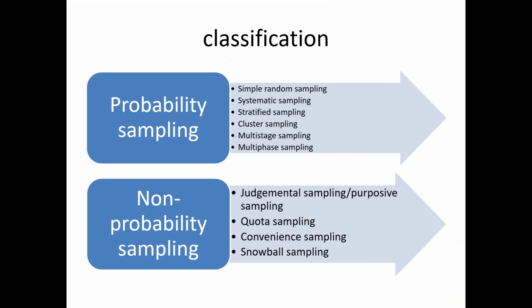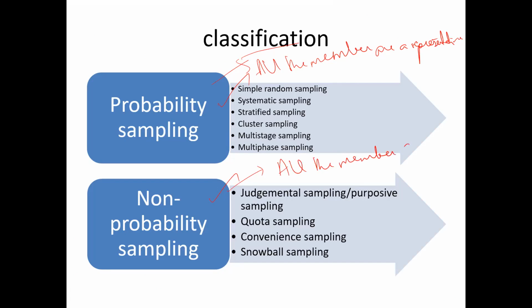Now, let us move on to classification of sampling. I told you probability sampling and non-probability sampling. Probability sampling is where all the members of the sample are representative, whereas in non-probability sampling the members are not representative of the whole population.